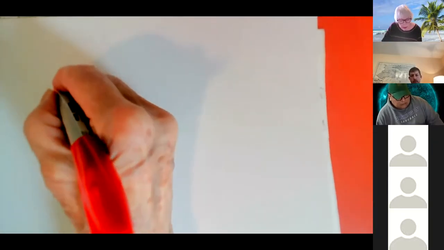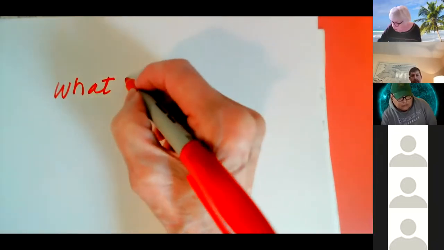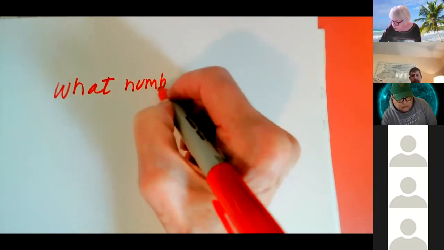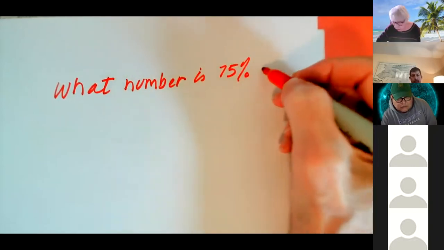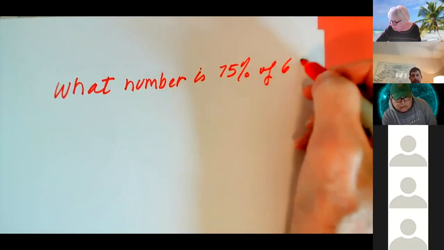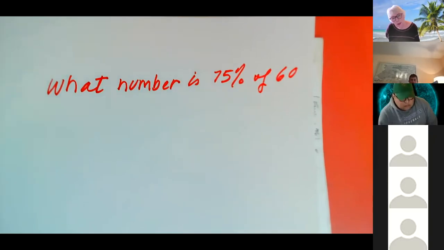Okay, so this is what I call a simple percent problem. What number is 75% of 60? The way I taught it when we did this was to turn it into an equation.